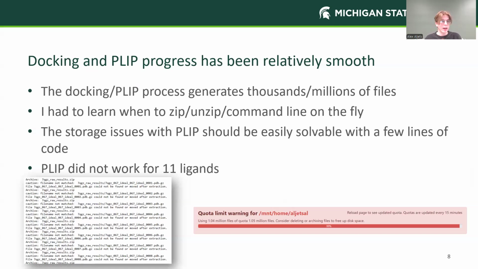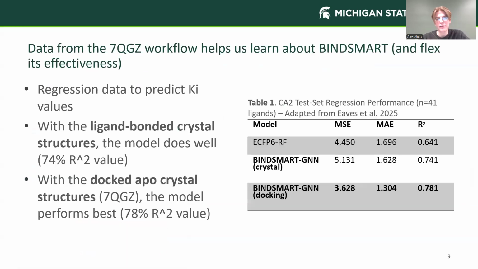So I'm assuming it's some odd way that PLIP's looking at numbers there, as opposed to something like VYV. So I'd say it went relatively smoothly, working through docking and PLIF.